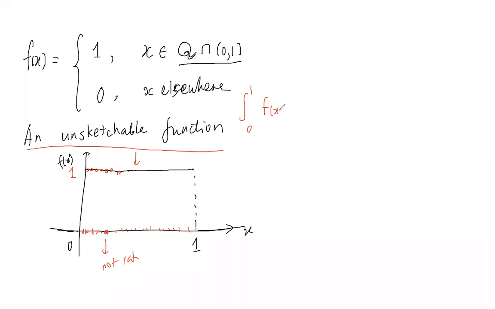So I give you this function, and then I ask you, what is this integral by Riemann's definition? Clearly, you're going to run into problems if you try to apply Riemann's definition, because you have to divide the interval where you're interested in obtaining the integration into different parts.